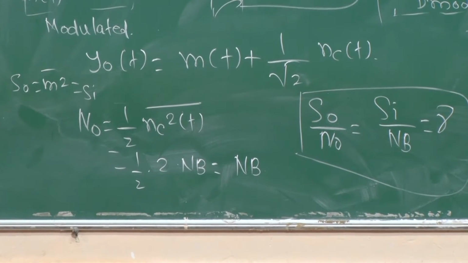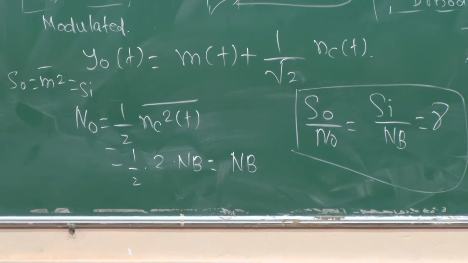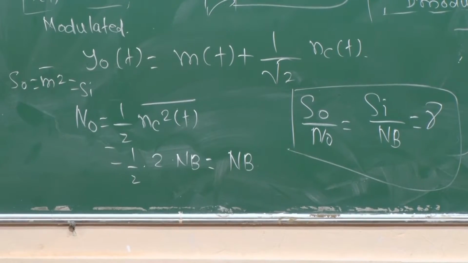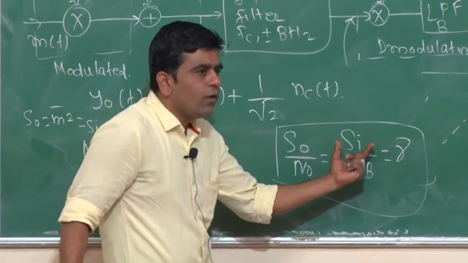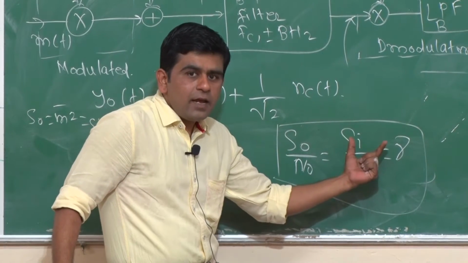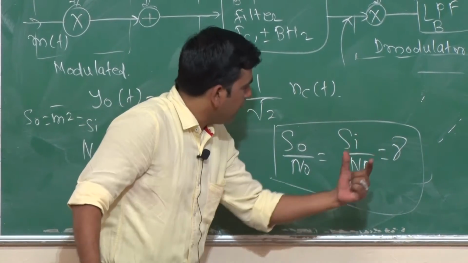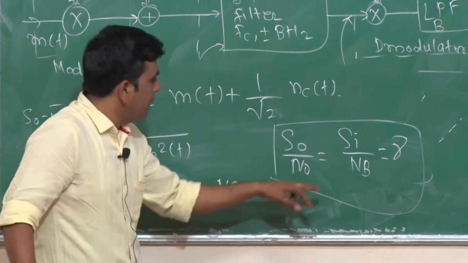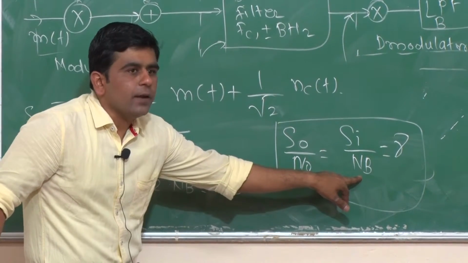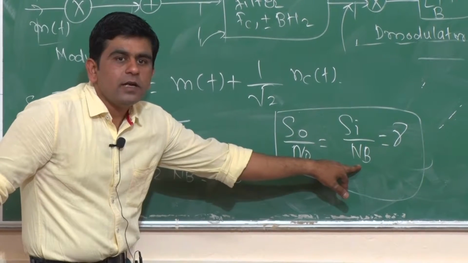Output signal to noise ratio is equal to Si divided by NB. The output signal to noise ratio is related to three quantities. First one, Si, the input signal power. Second one, the bandwidth, that is capital B, and next one is your capital N.